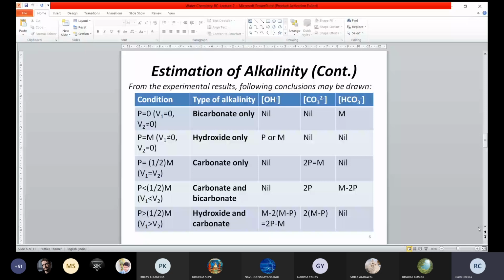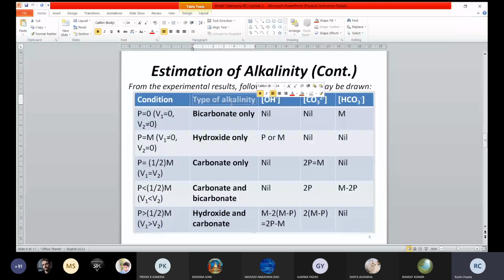If you wish to find out which type is present, then you require phenolphthalein indicator as well. And we will see how the phenolphthalein endpoint helps in that.